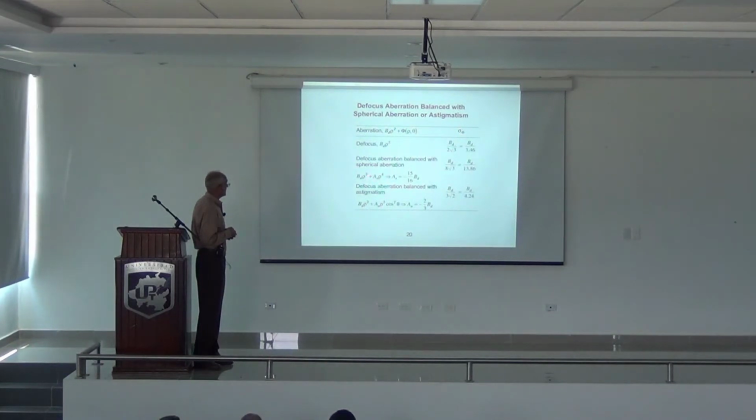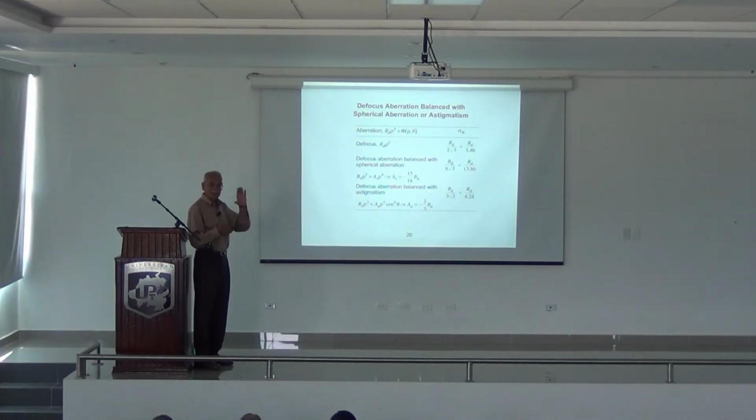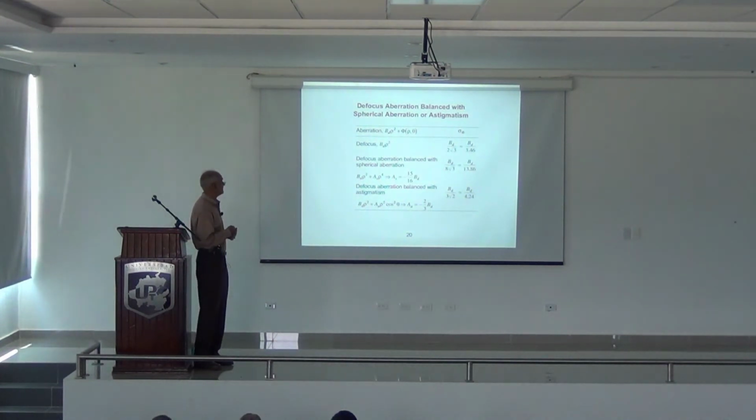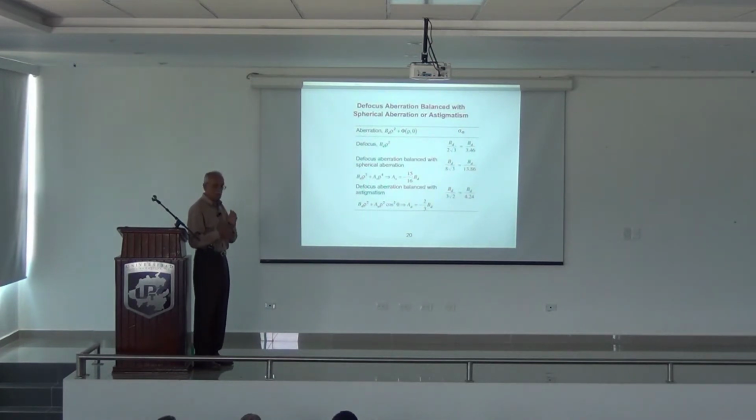And given a certain amount of rho squared term, what is the value of A sub S such that the sigma value, the standard deviation of the aberration, is minimized? And that value is given by this expression. A sub S equals roughly minus B sub D, but not quite, minus 15, 16.